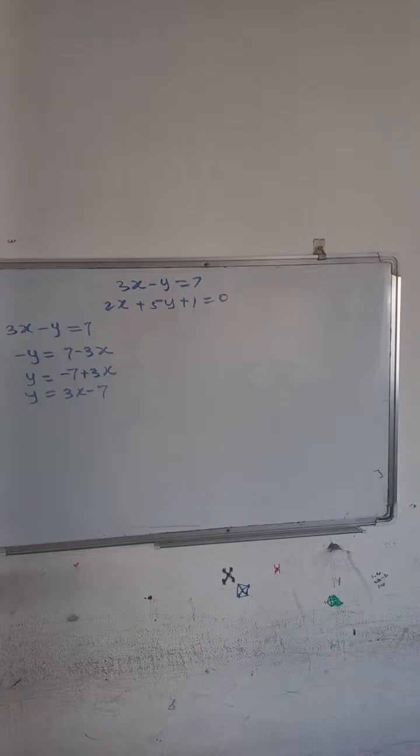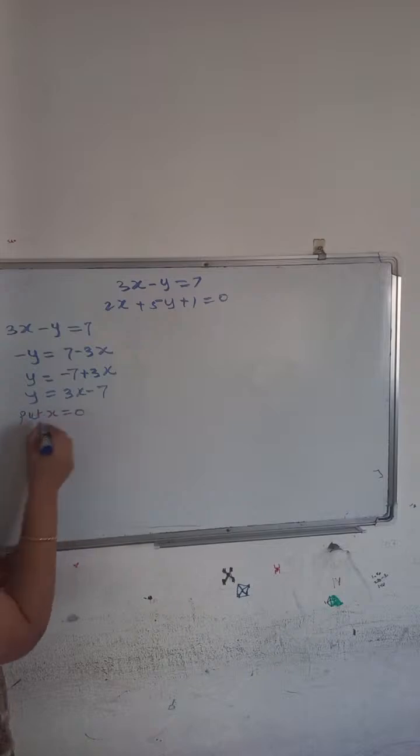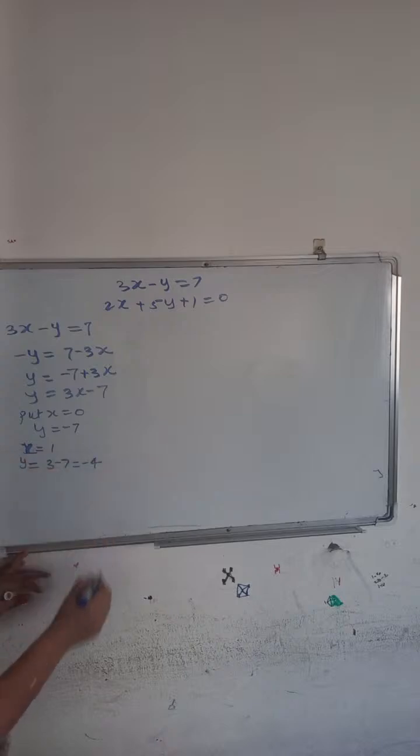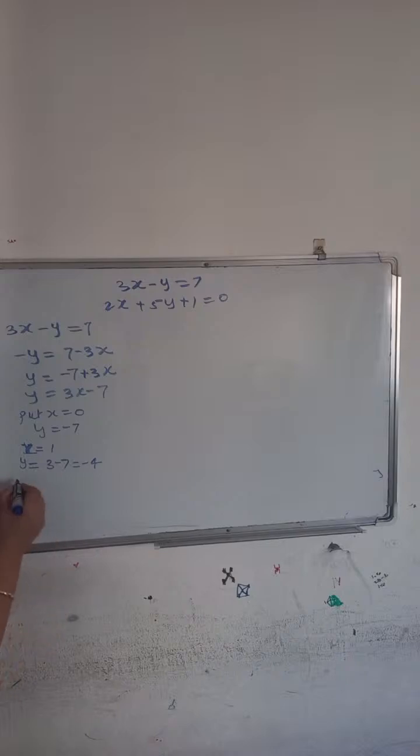Now suppose I put x is equal to 0, then y I am getting is minus 7. If I put x is equal to 1, then y is 3 minus 7, that is equal to minus 4. Now again if I put x is equal to 2, 3 twos are 6, then y is equal to 6 minus 7, that is minus 1.